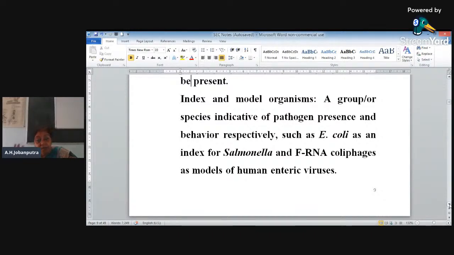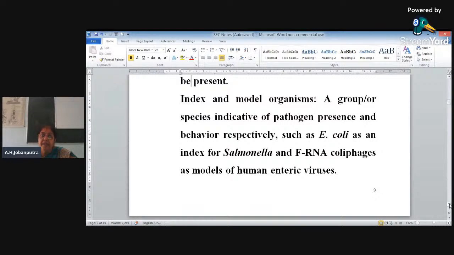So if we want to consider bacterial pathogens, E. coli is an index organism, but it is an index of what? It is an index for presence of Salmonella typhi, which is responsible for enteric fever or typhoid.